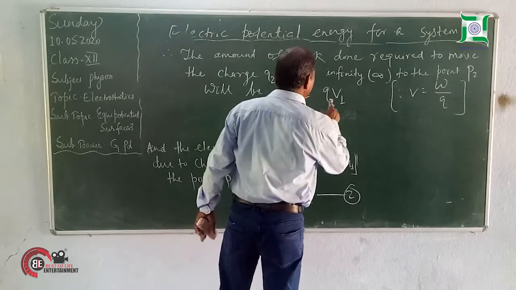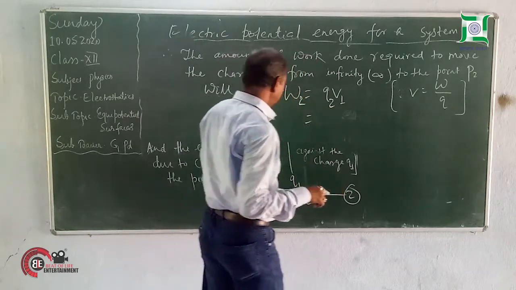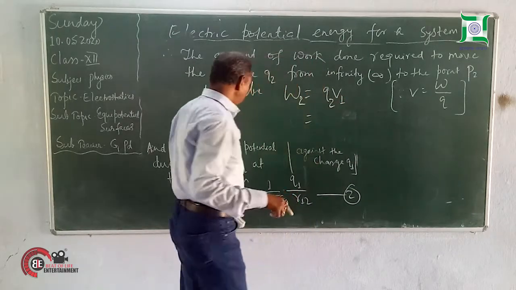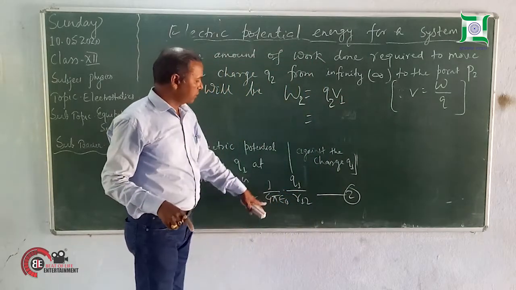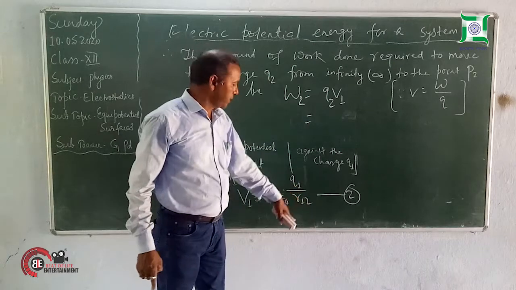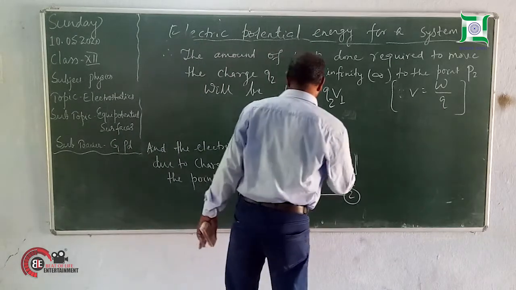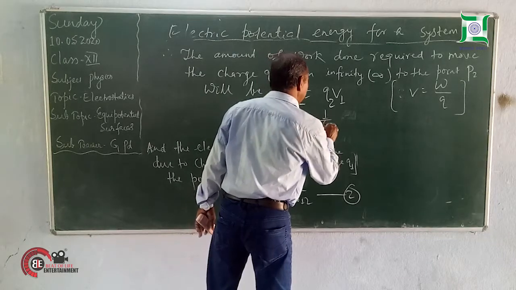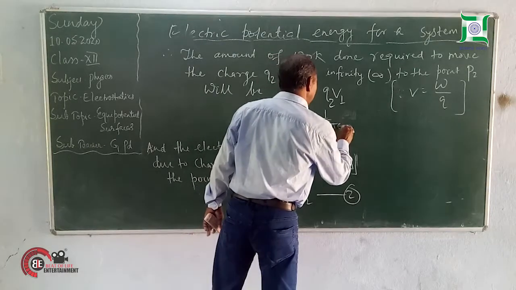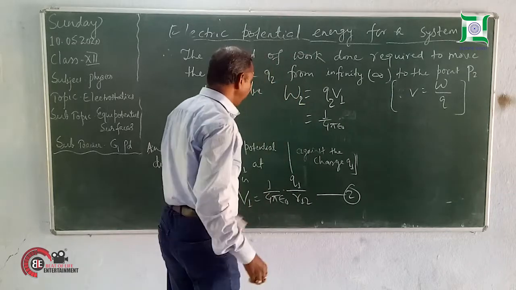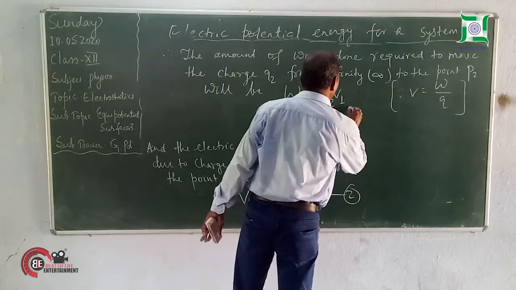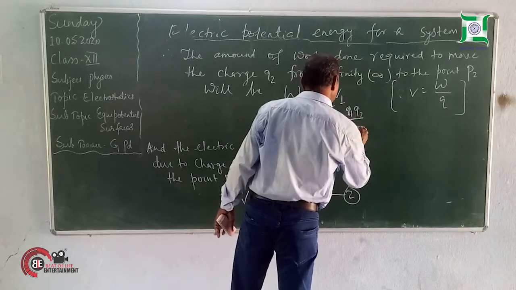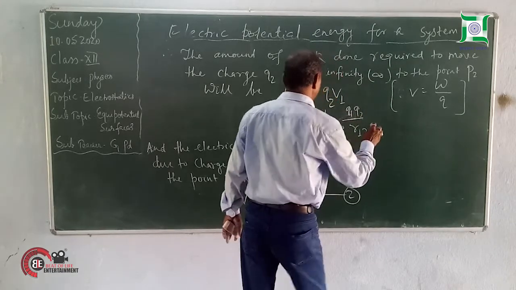We can write here, using V1 from equation 2, the value of V1 as 1 by 4 pi epsilon naught into Q1 by r12. Then W2 will be equal to 1 by 4 pi epsilon naught into Q1 Q2 by r12.